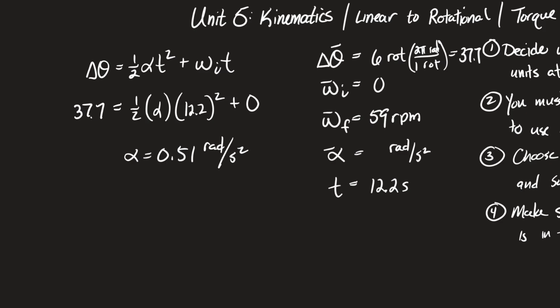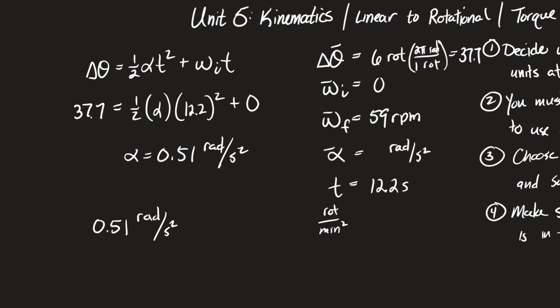Bless you, this would be 2 conversions at once. Can you take 0.51 radians per second squared and convert it to rotations per minute squared? If you don't think you can, you should raise your hand now and say, no, I don't think I can do it. If you think you can do it, you should try.